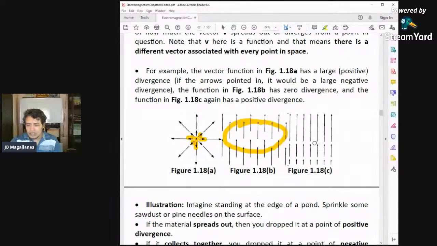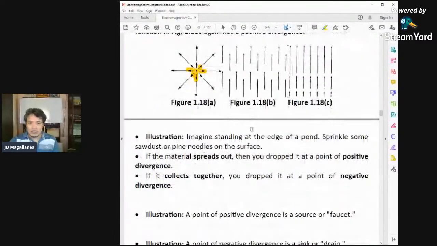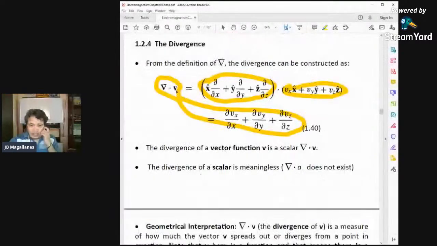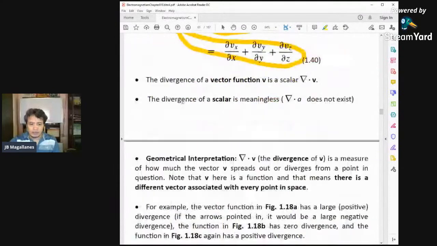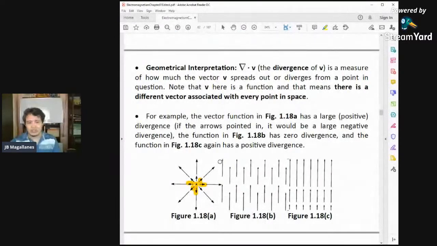There's change from one point to other points. But here it seems to be constant everywhere, so there's no divergence. That's the meaning of divergence. So this is the divergence, the measure of divergence of V from a point or from a line, for example.